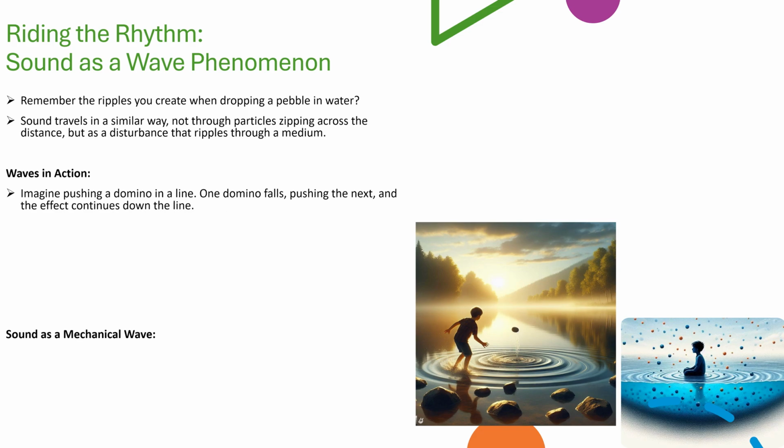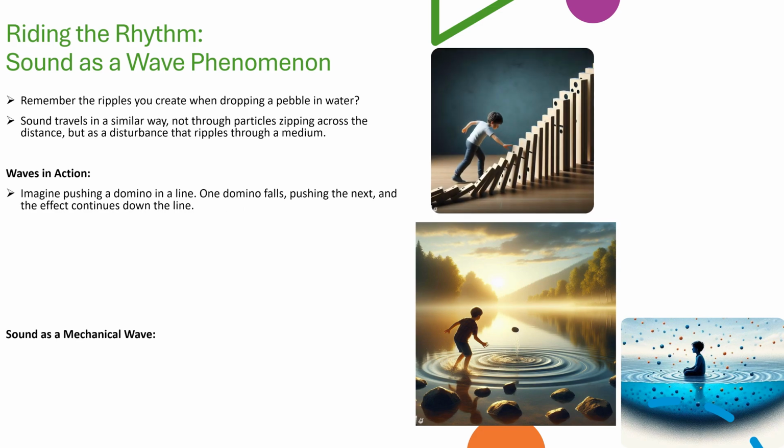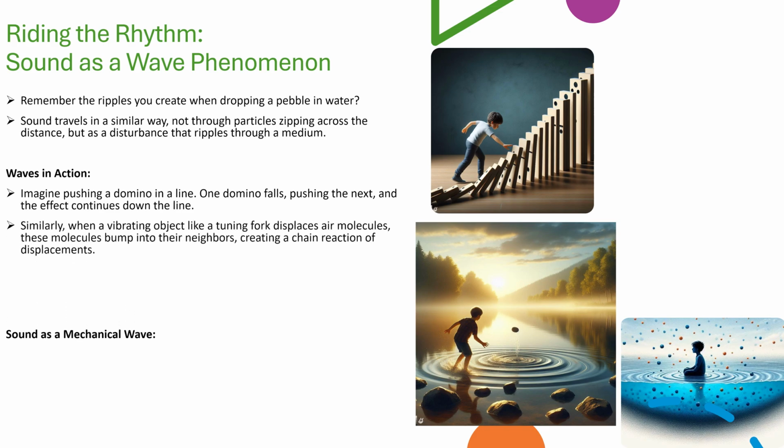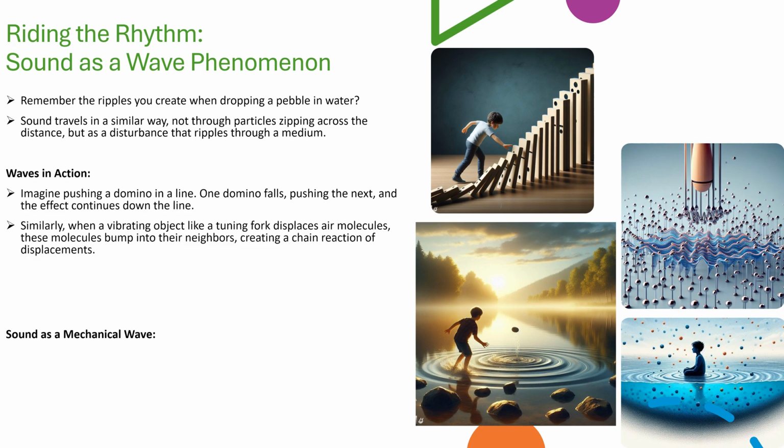Imagine pushing a domino in a line. One domino falls, pushing the next, and the effect continues down the line. Similarly, when a vibrating object like a tuning fork displaces air molecules, these molecules bump into their neighbors, creating a chain reaction of displacements.